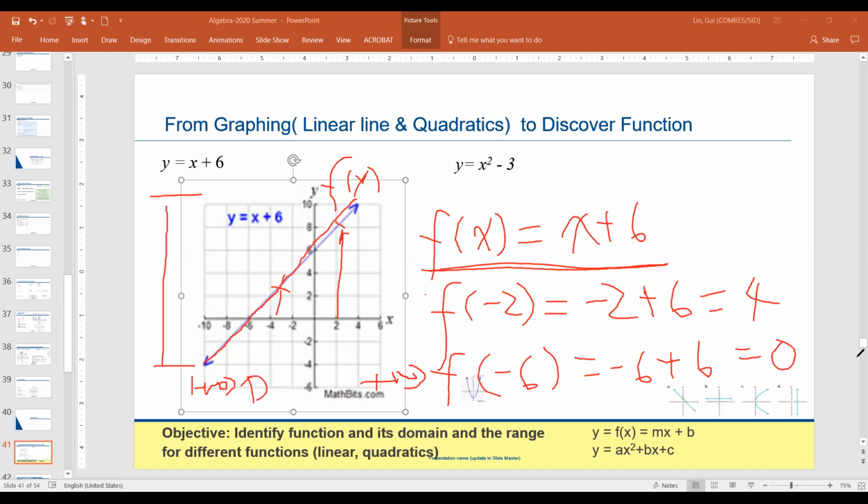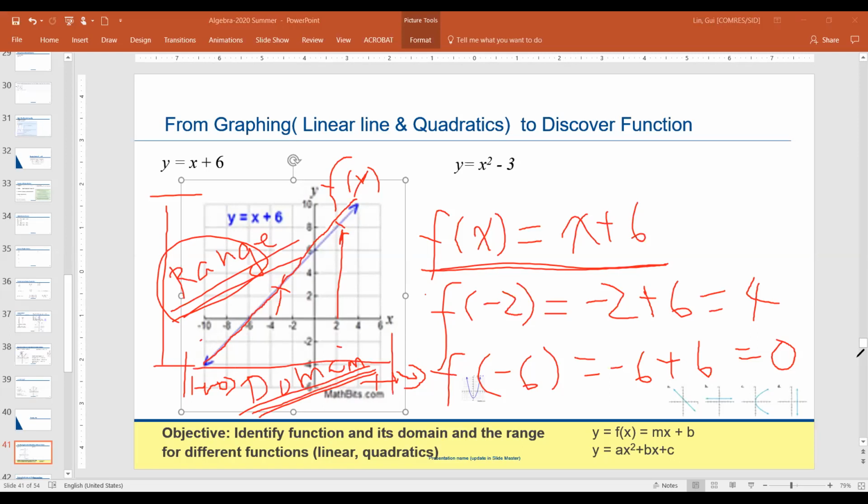The domain is what x can possibly be picked from, and the range means what y can possibly be. Domain means all the x values you can pick. The range means all the possible y values.